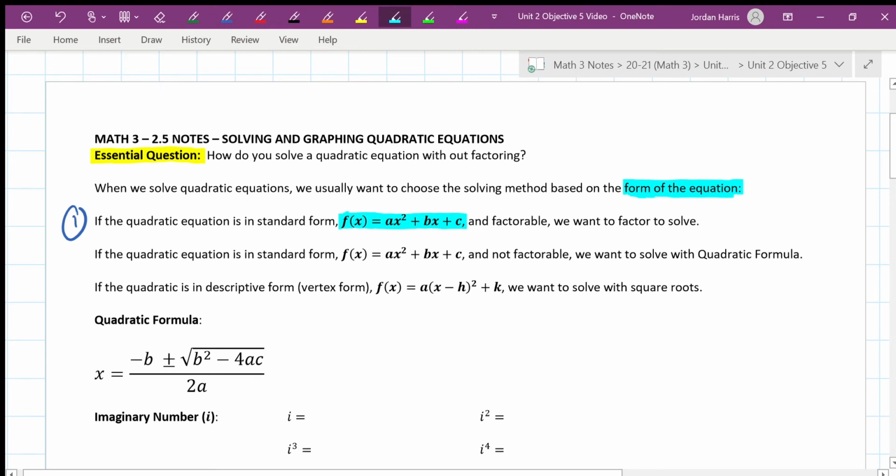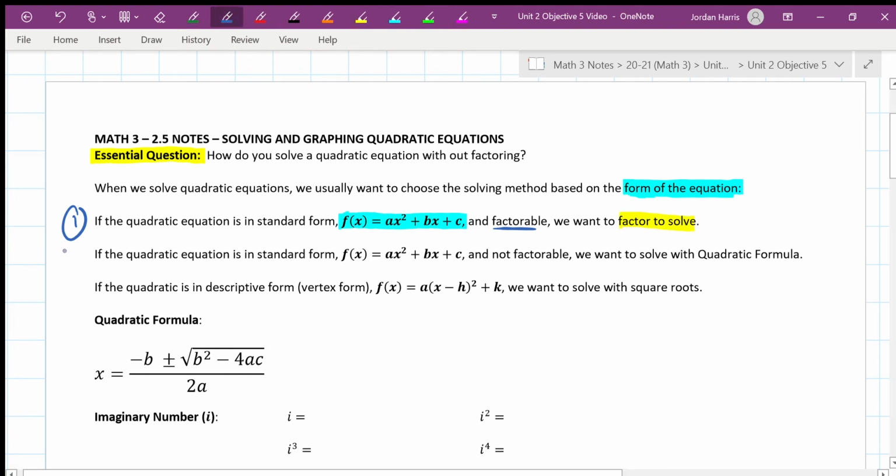The questions in 2.4b had you solving using factoring. So we have standard form, where it's ax squared plus bx plus c, where a, b, and c are numbers, and factorable. That's important. If it's in standard form and we can factor it, we factor to solve.